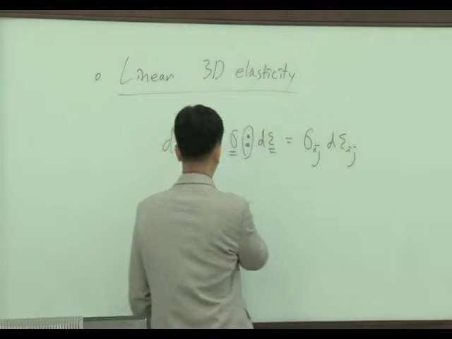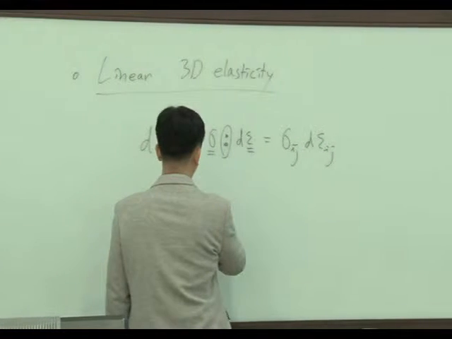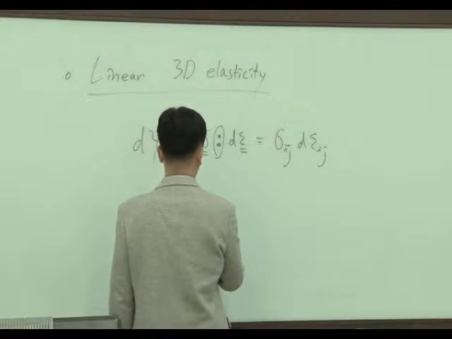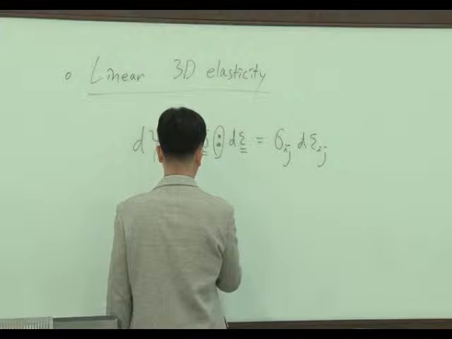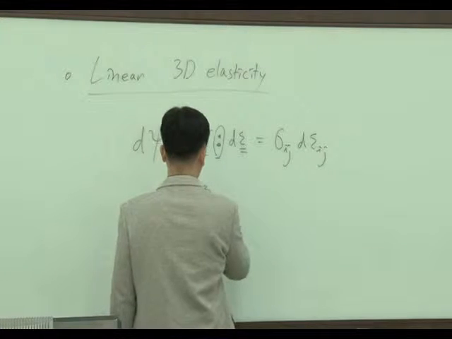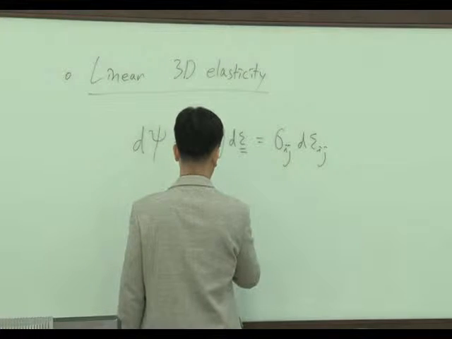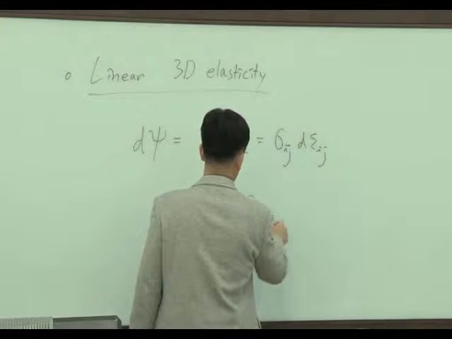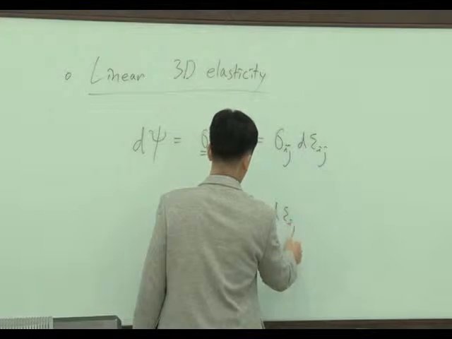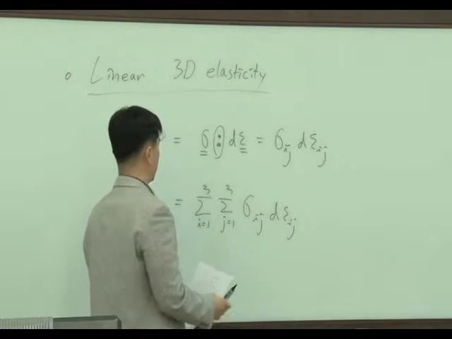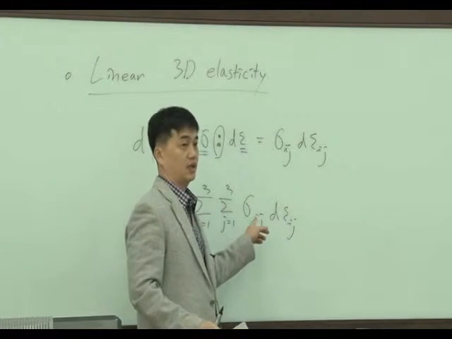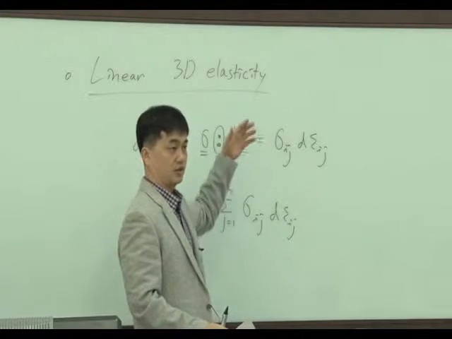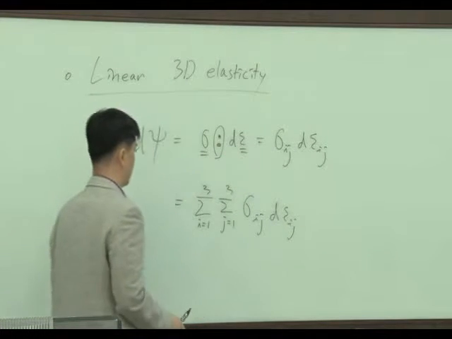The definition of this operator is i equals 1, 2, 3, j equals 1, 2, 3, and sum. So it means we are multiplying each corresponding component and summing all together.